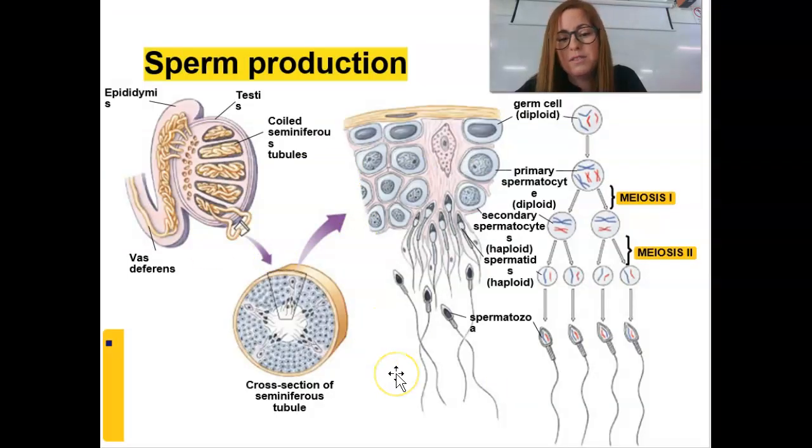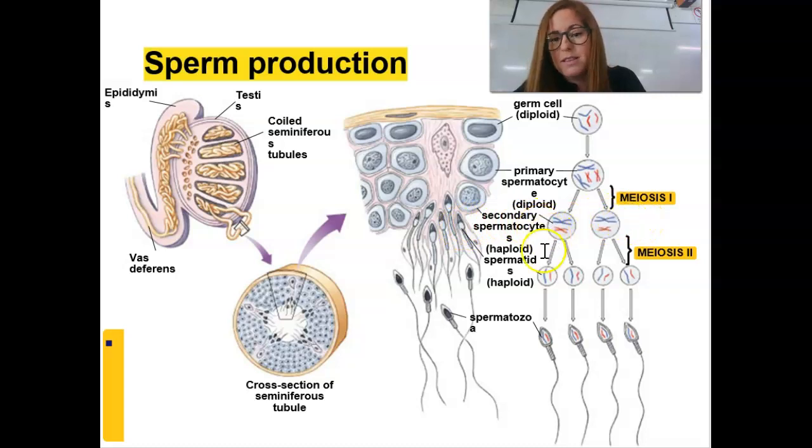Now, the way that meiosis occurs in males and females is a bit different. The formation of sperm is called spermatogenesis, and it occurs in the testes. In the testes, you can see we have this germ cell that is diploid, so this is one with 46 chromosomes. Those will eventually go through meiosis 1 to become secondary spermatocytes.